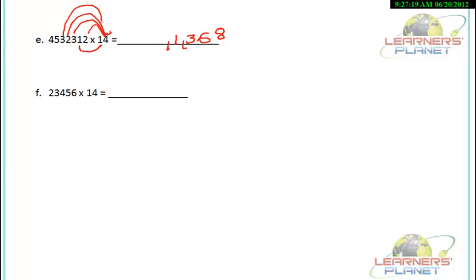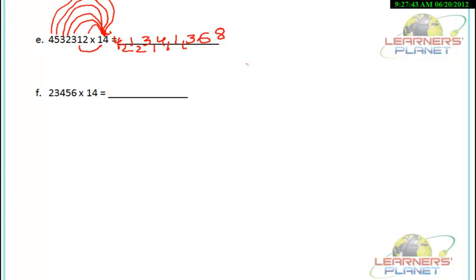Then 3 fours are 12 plus 2, 14. Then 5 fours are 20 plus 3, 23. Then 4 fours are 16 plus 5, 21, and 4 as it is.